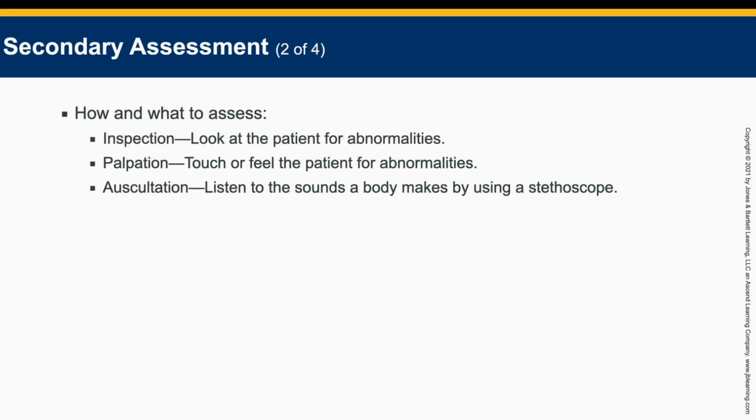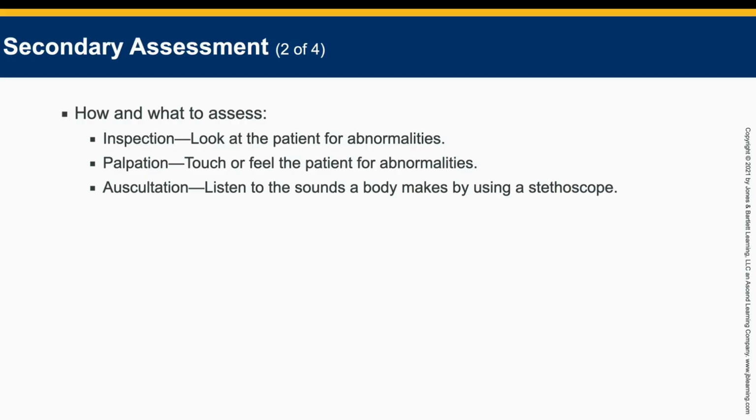During the secondary assessment, we use several basic examination techniques to evaluate the patient. The first is inspection, which simply means looking carefully at the patient for any abnormalities. This can include things like deformities, swelling, discoloration, bleeding, or unusual movement. The second technique is palpation.